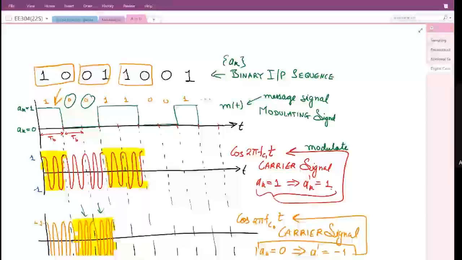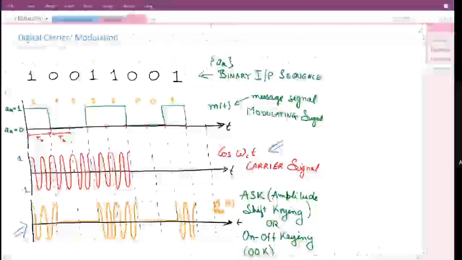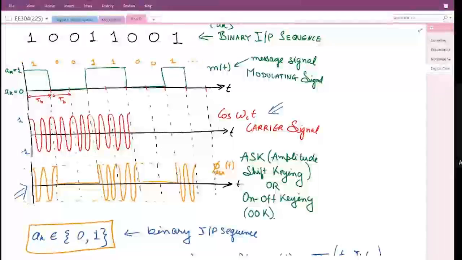If I am doing ASK, how many amplitude levels am I going to require? 4, sir.